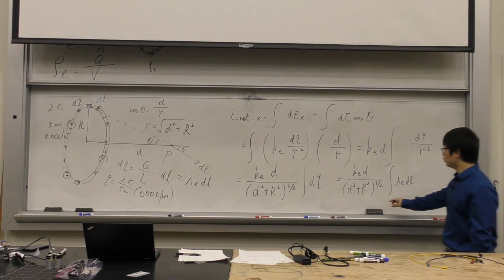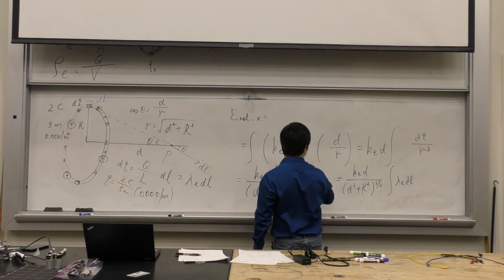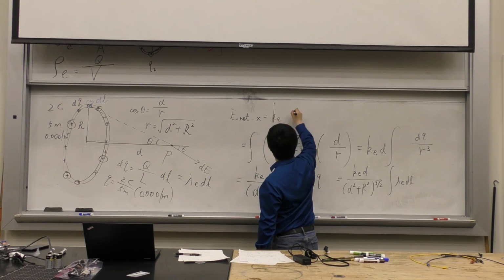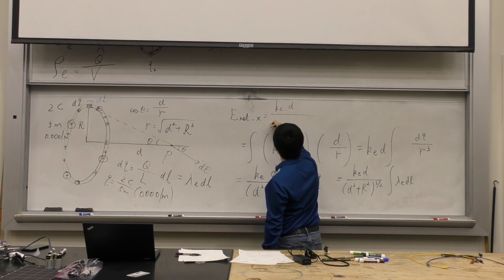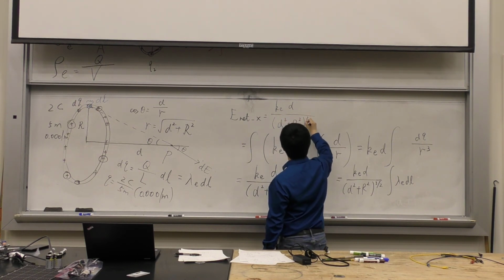And then you can write it, you can take out even this lambda, so you still get Ke d over d squared plus r squared to the power of 3/2.